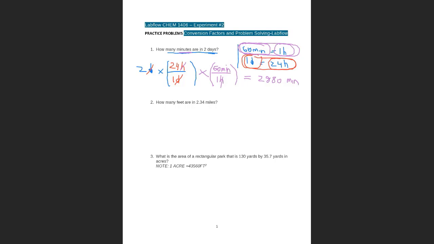The conversion factors don't count for sig figs. We did multiplication. That means we have to count sig figs. If this would have been an addition or subtraction, we counted decimal places. But at this time, we count sig figs. All those sig figs from the equality, we think as having infinite sig figs. So my answer has to have the same number of sig figs as our measurement, or 2 days.